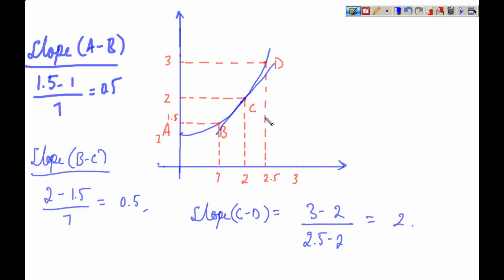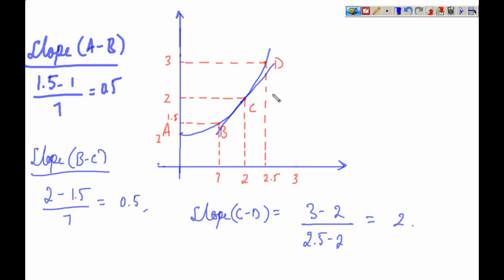So this tangent is only touching the curve at point C. So if I find the slope of the tangent like I did before, I'll get the slope of point C. So I just have to take any two points on this tangent and then find the values of y and x and get the slope, so that automatically I get the slope of point C on the curve.